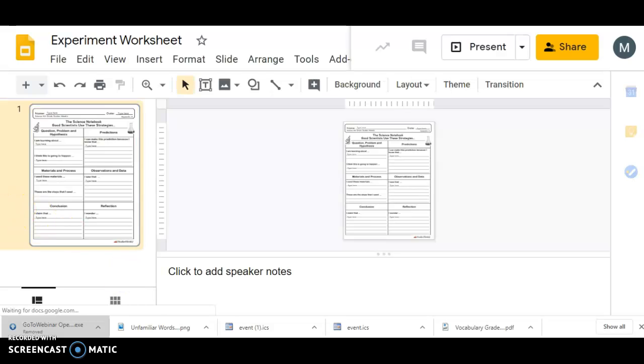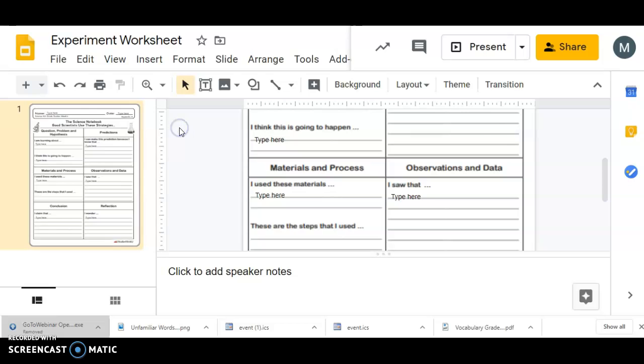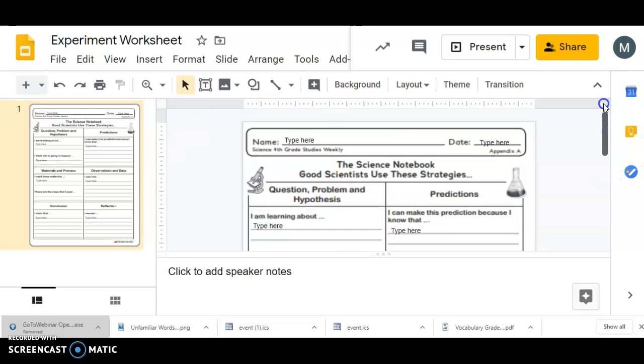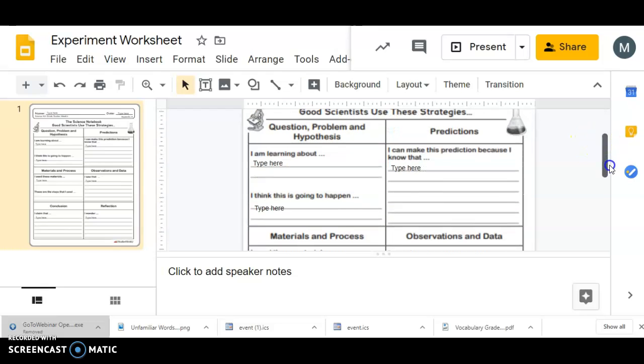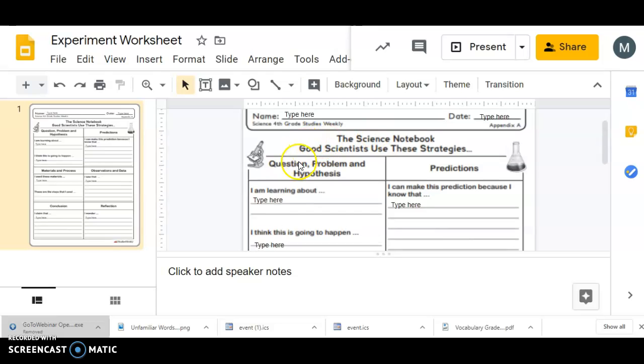And as you learned before, it pops up kind of little. Go over here, 50%. Scroll to the top. Of course, you type your name and the date. Now here, this assignment is in 2 parts. Before the experiment and then after. So before the experiment, after you read your article, you're going to use good science strategies.